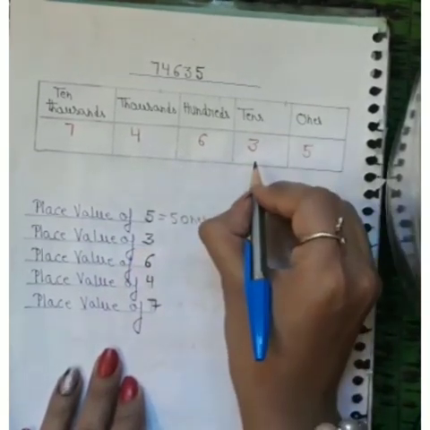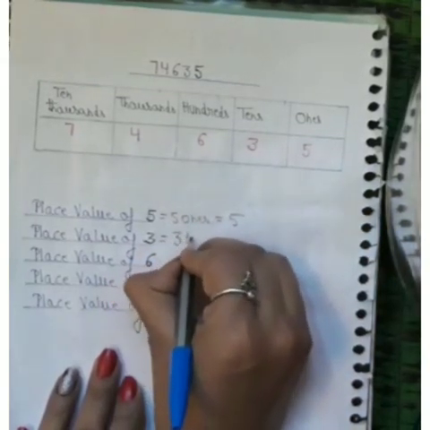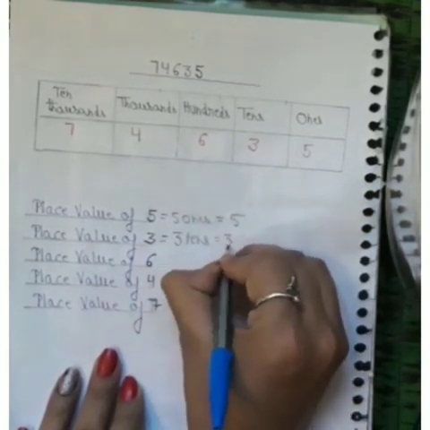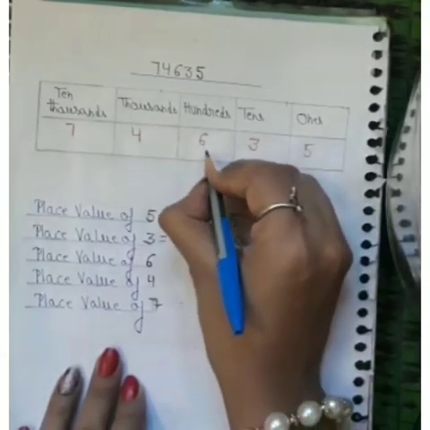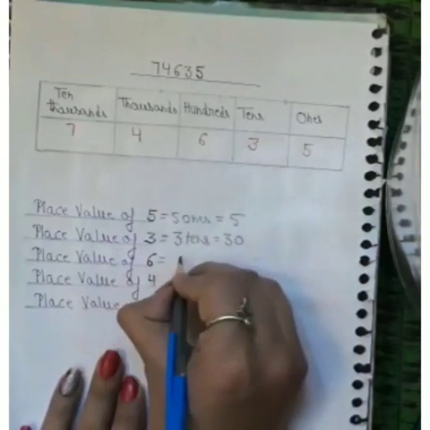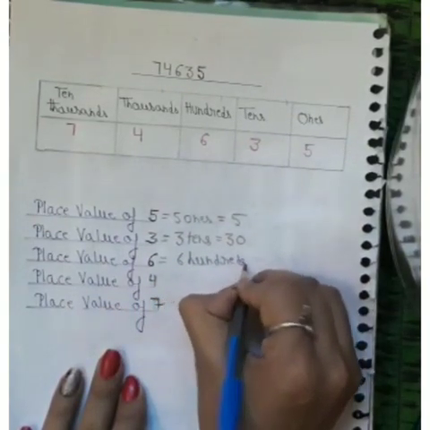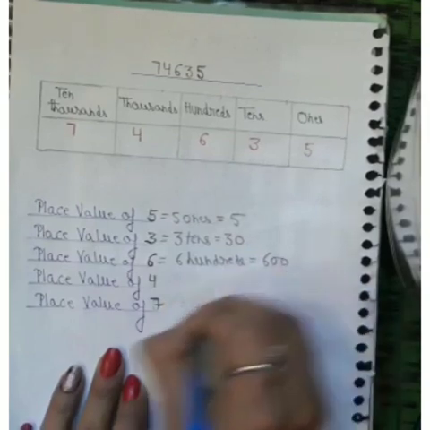Now, look at the digit at the tens place, that is 3. So, the place value of 3 is 3 tens, that is 30. Now, look at the digit at the hundreds place, that is 6. So, the place value of 6 is 6 hundreds or 600.